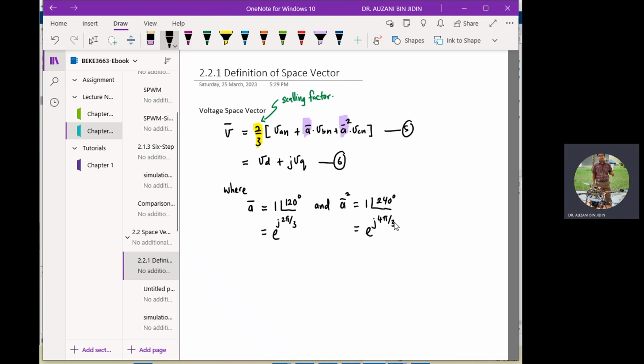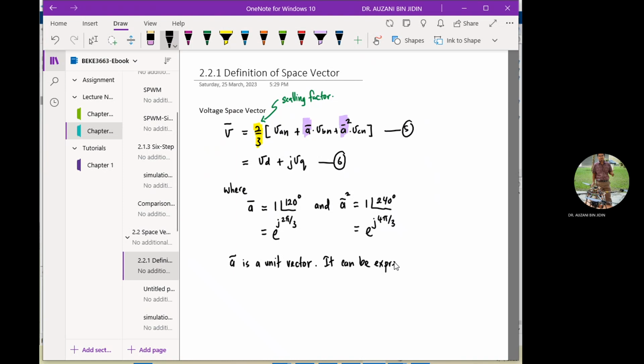Okay, so where maybe I put here A is a unit vector. It can be expressed into a rectangular form.